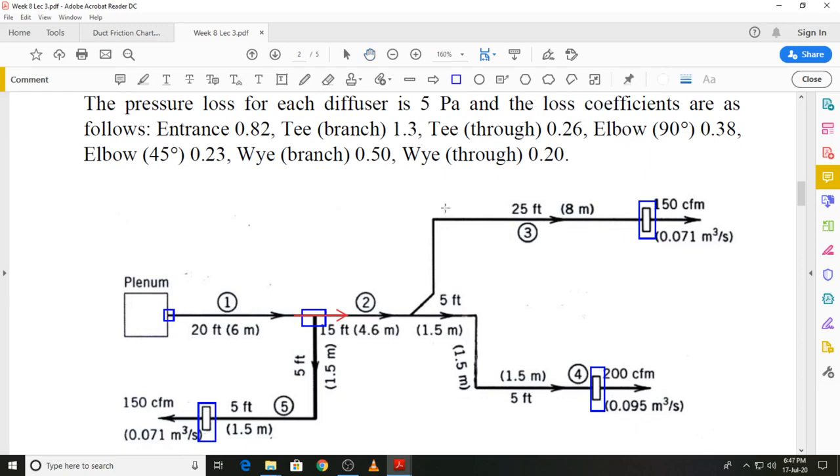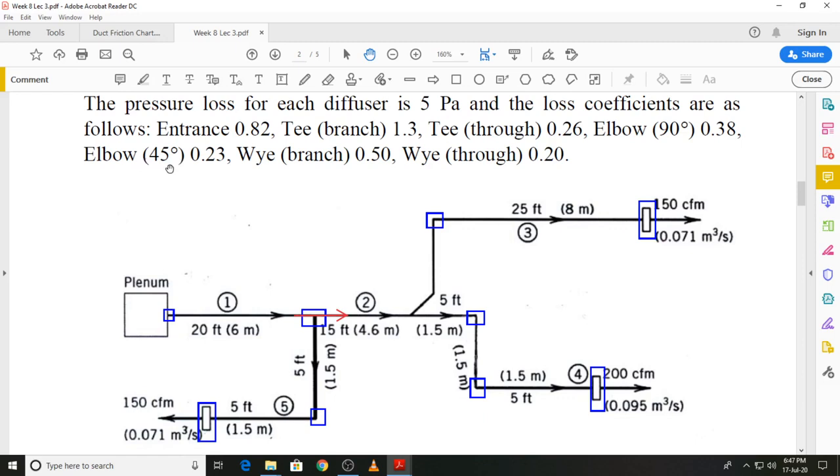So you can see there are 90-degree elbows at various places. One 90-degree elbow I've marked. Then there is another 90-degree elbow. So we have another 90-degree elbow, and finally I think a fourth one over here. So you've got four places in the layout where we have 90-degree elbows.